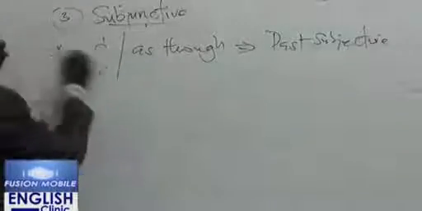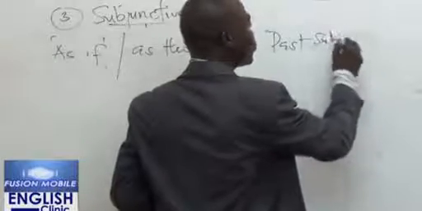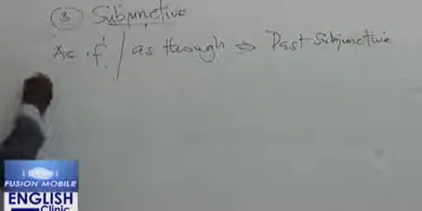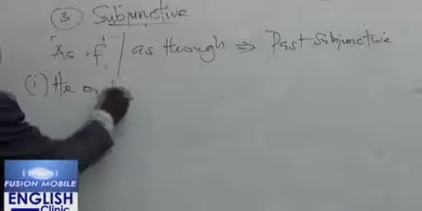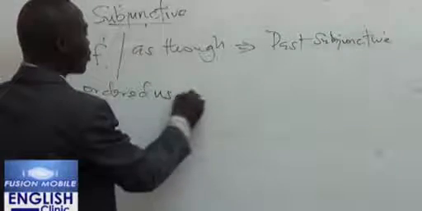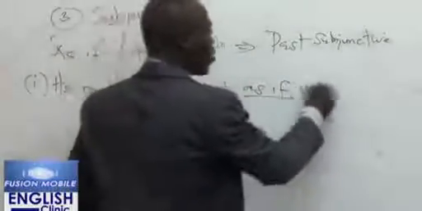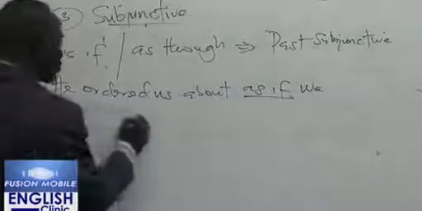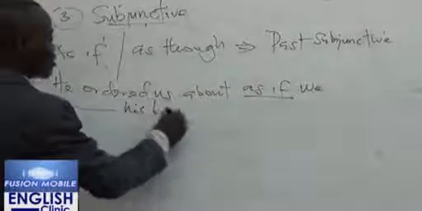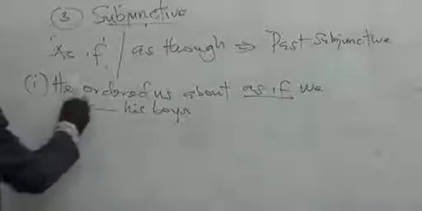Example. He ordered us about as if we dash his boys. So the answer here is what? Where is boys?